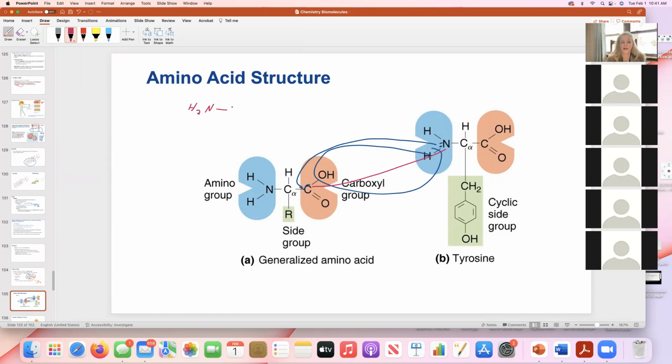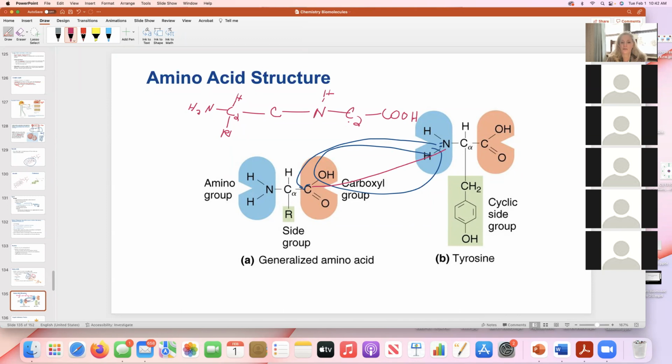You have this carbon, that's alpha with its R on it and its H. We have this carbon right here is now going to be bonded to this nitrogen over here with its H to another alpha carbon, which is then bound to a COOH.